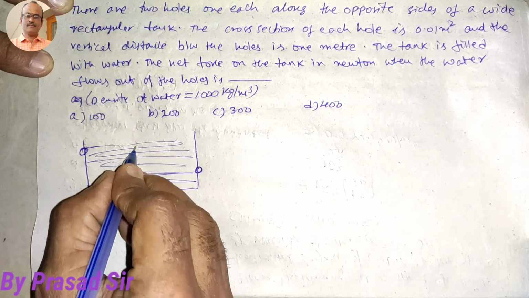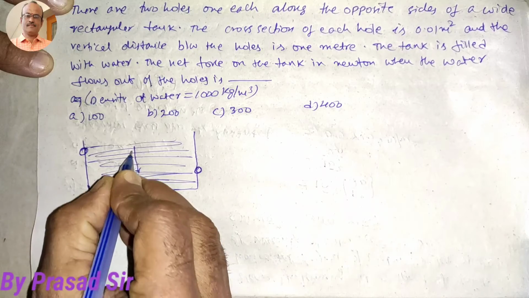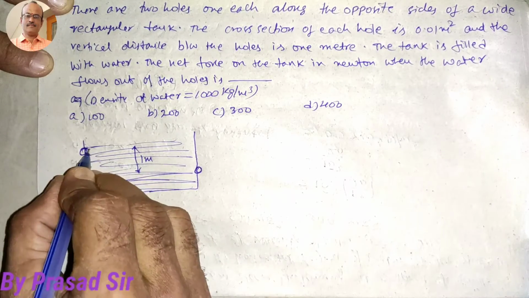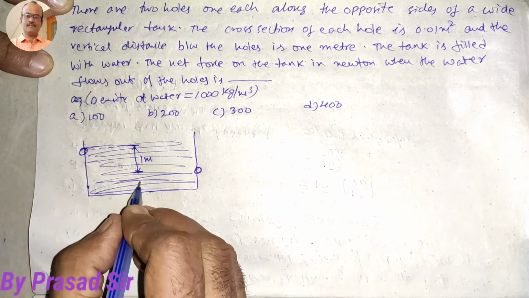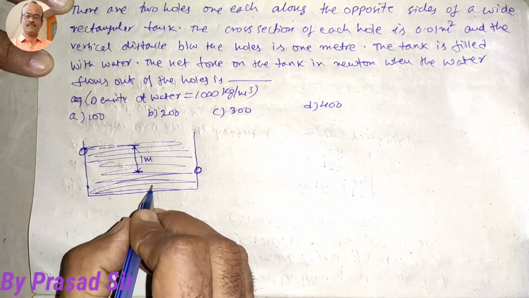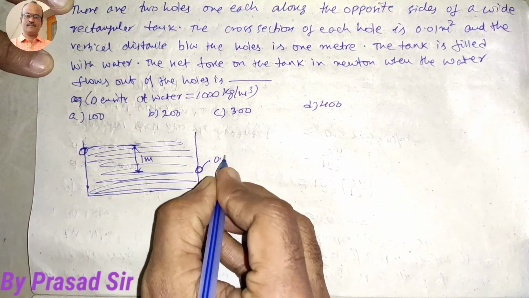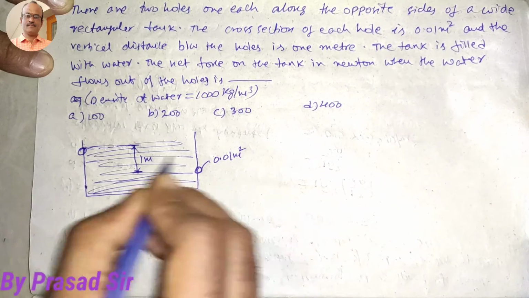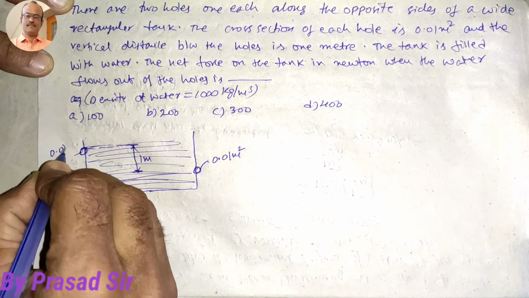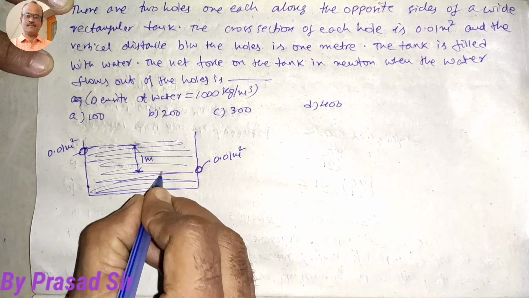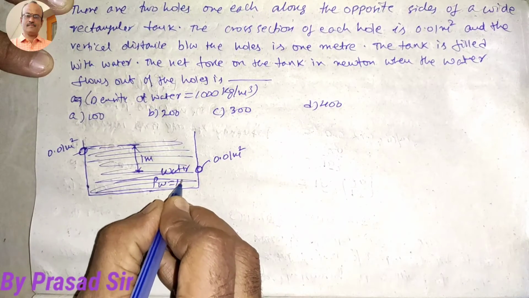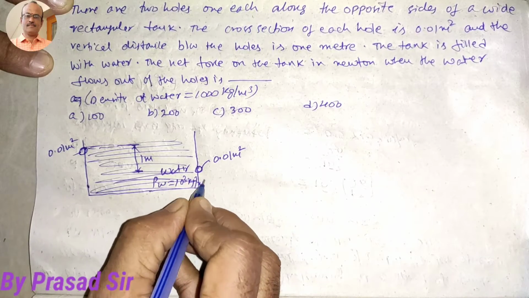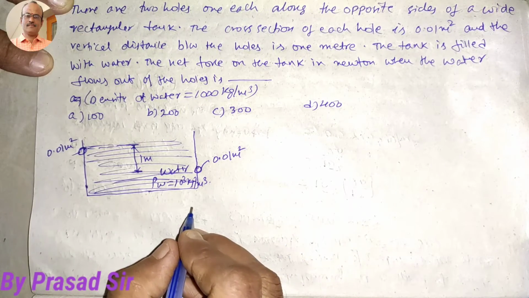The vertical distance between the two holes is 1 meter, and the cross section area of each hole is 0.01 meter square. The density of water is 10 to the power of 3 kilogram per meter cube, or 1000.